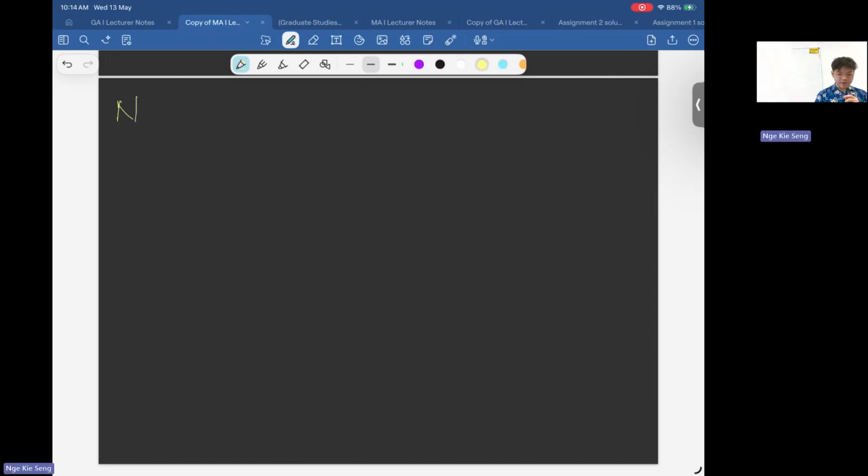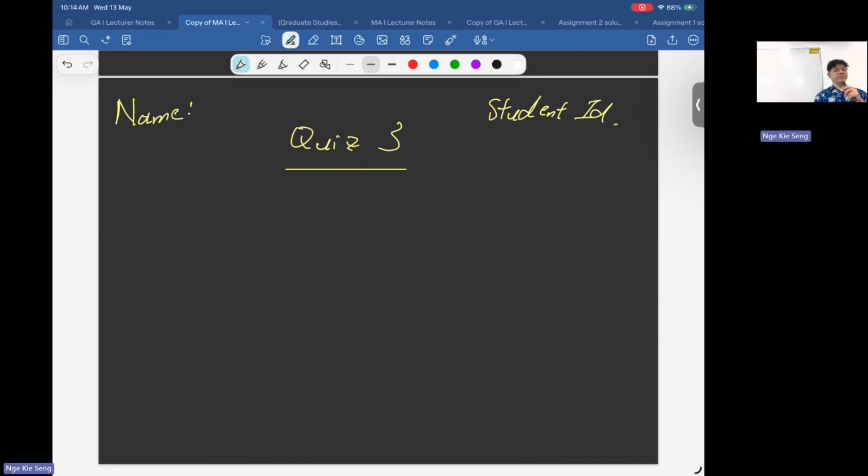In assignment 2, you may see my comment of minus 2 marks on your quiz. I already gave back assignment 2, so you can check later. Some of you didn't put your name and student ID, so I marked minus 2. I can give this back if next time you put your name and student ID; otherwise the minus 2 is forever.